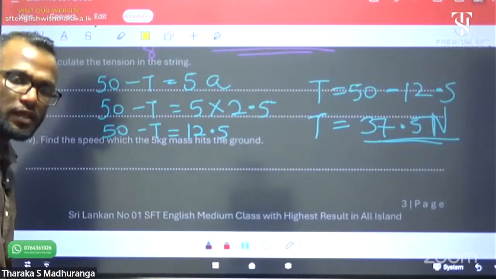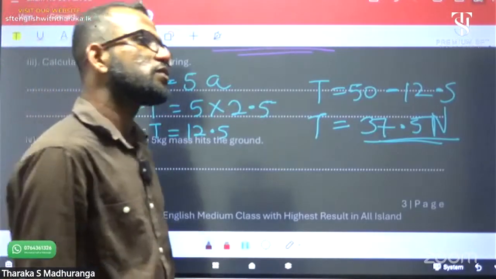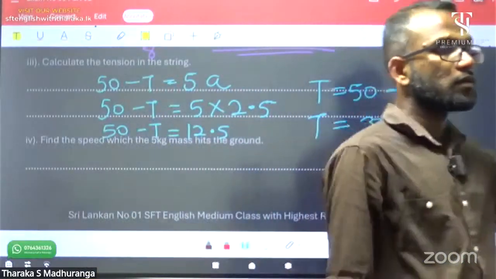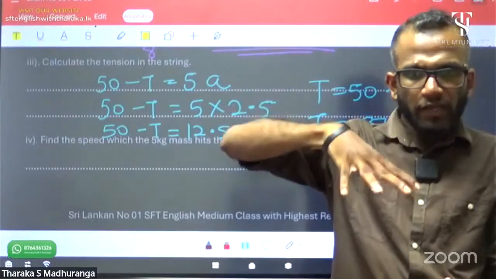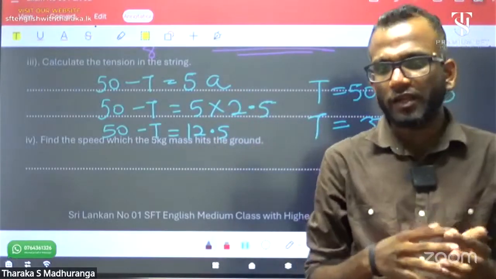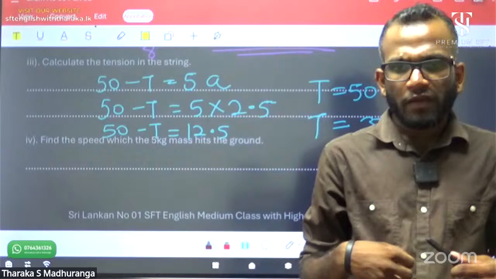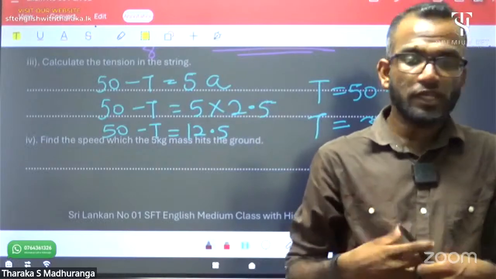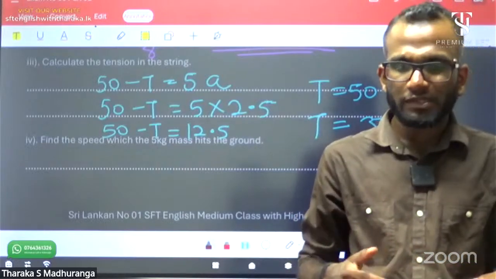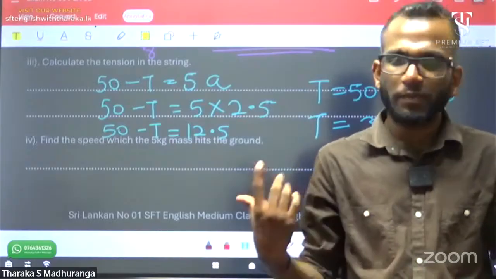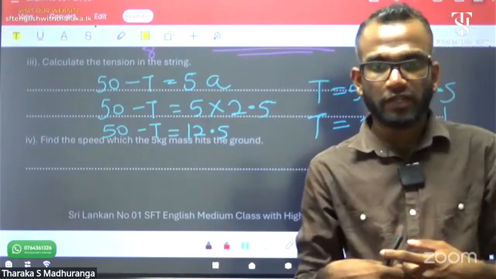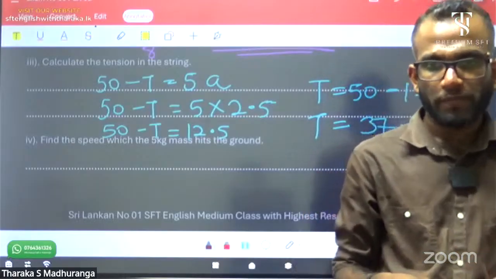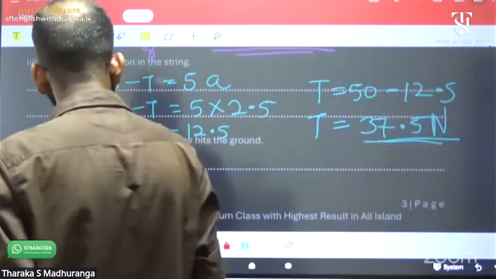To calculate the speed of hitting the ground, we have to use a motion equation. Otherwise, we don't have a method. The total mechanical energy method you can't use. Why? We don't know the starting velocity or final velocity.